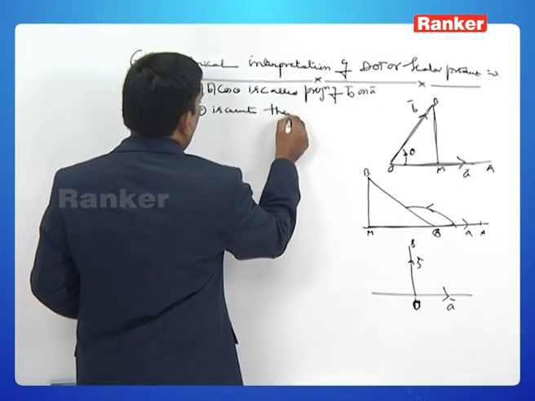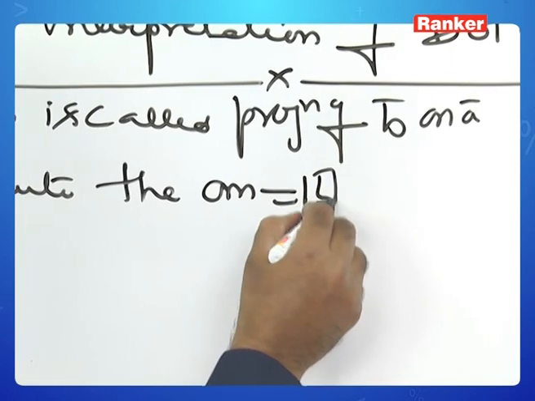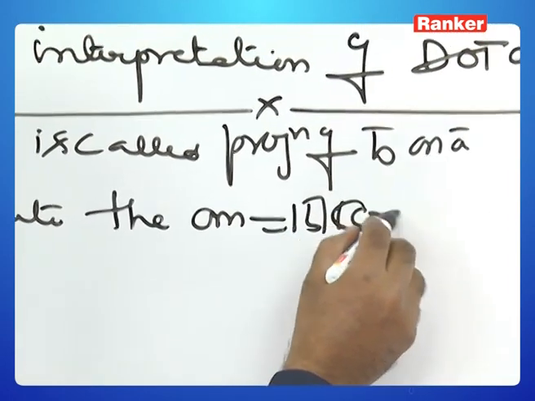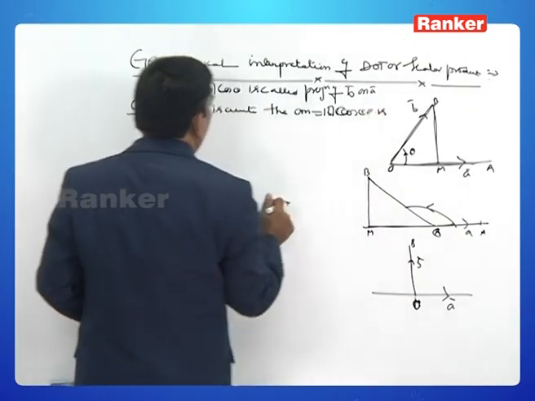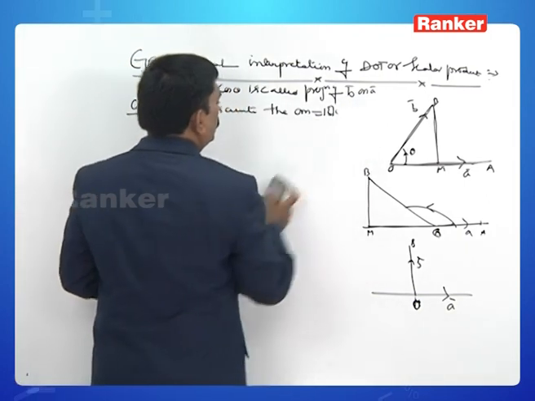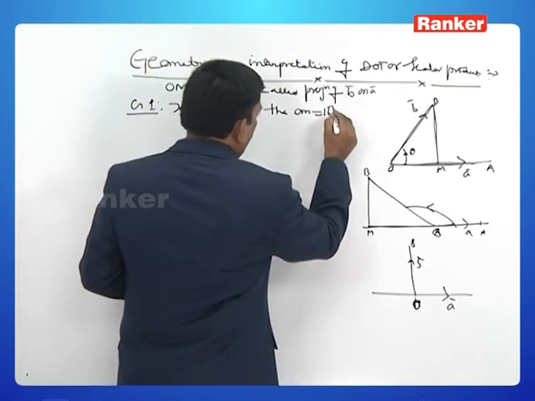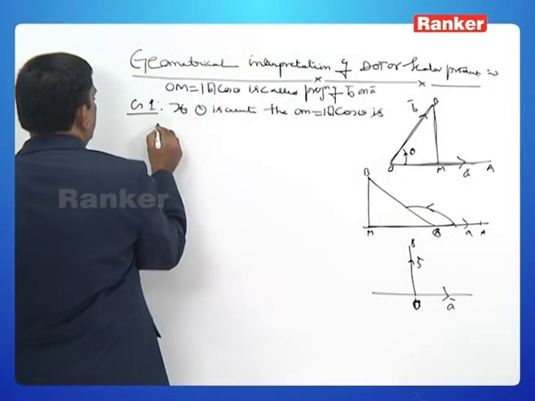Then OM is equal to mod B into cos theta, which is positive.